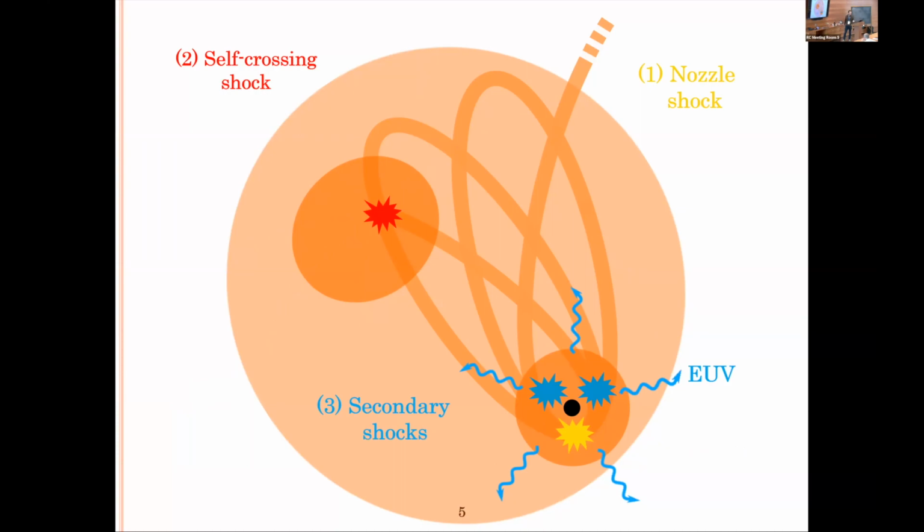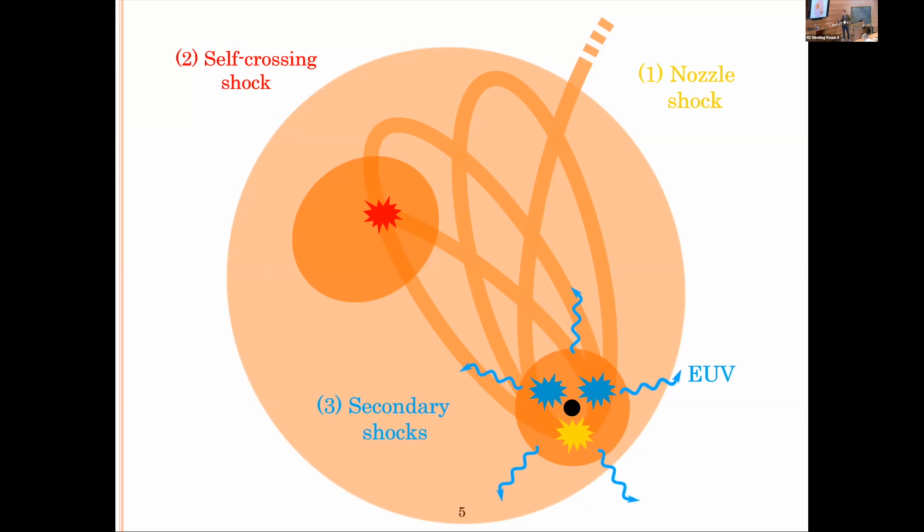Are there any other questions? What is the time delay between nozzle shock happening and secondary shocks? I mean, does nozzle shock predict some precursor? No, most likely you will not see precursors.